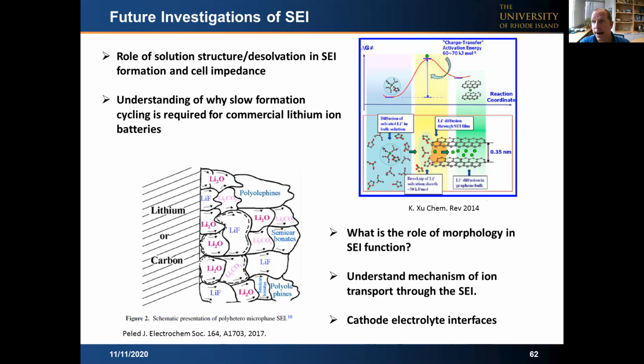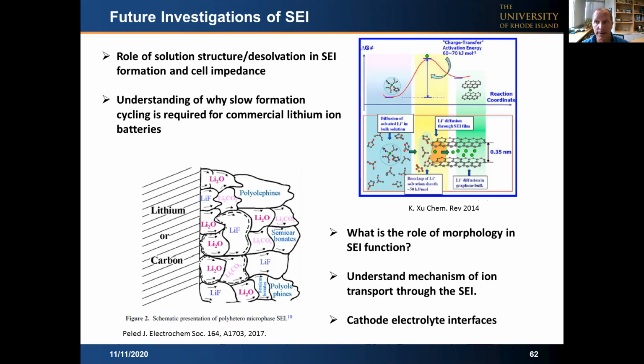And it usually takes about a week, where they slowly charge and discharge the battery multiple times. The reason that they do the formation cycling is to generate a good anode SEI. However, why you need to do the slow formation cycles is not very well understood.